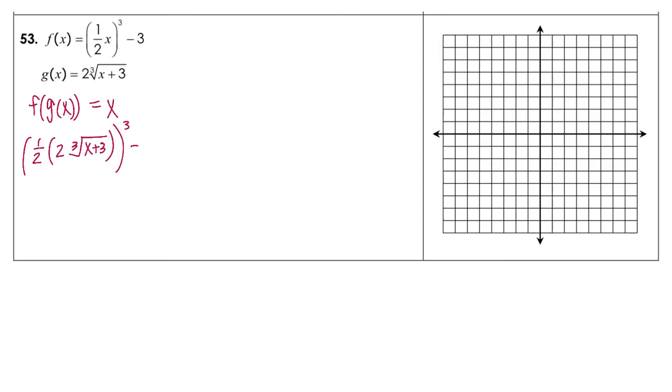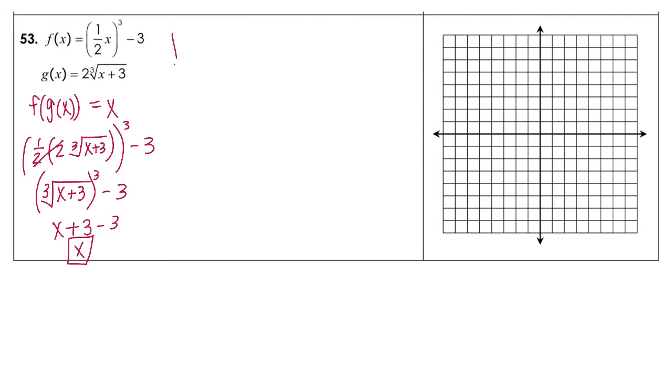That is all cubed minus 3. Our 1/2 and 2 will cancel, and then I'm left with the cube root of x plus 3, all cubed, and then minus 3. And so that's going to leave me with x plus 3 minus 3, so we do end up with x there.